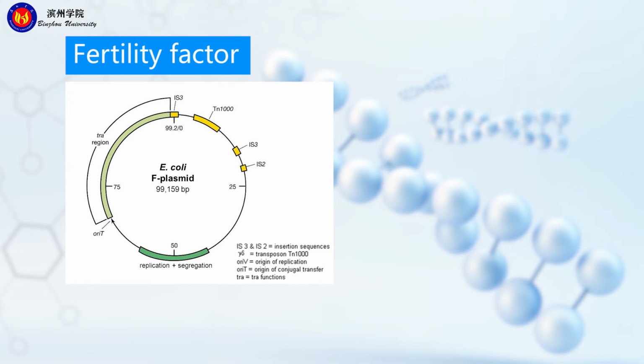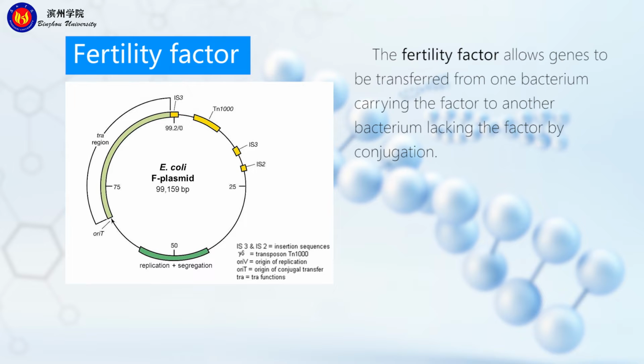Please look at the picture on the screen. It is the genetic map of the E. coli F plasmid. The fertility factor allows genes to be transferred from one bacterium carrying the factor to another bacterium lacking the factor by conjugation.